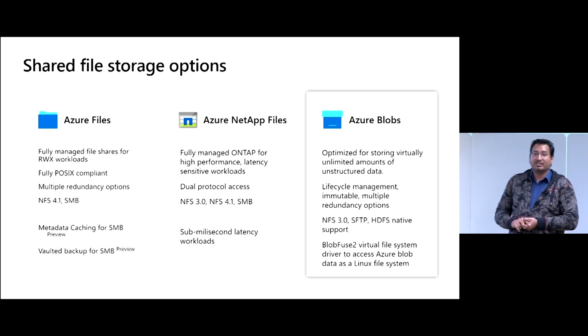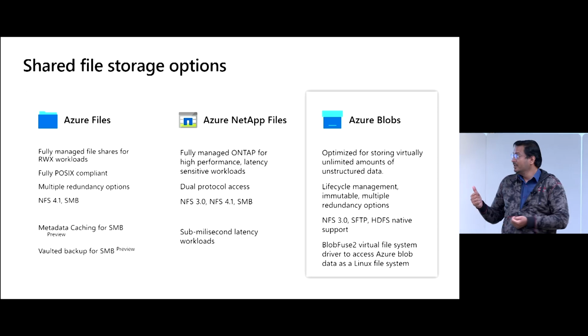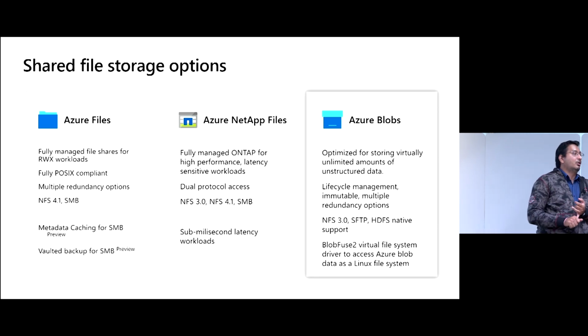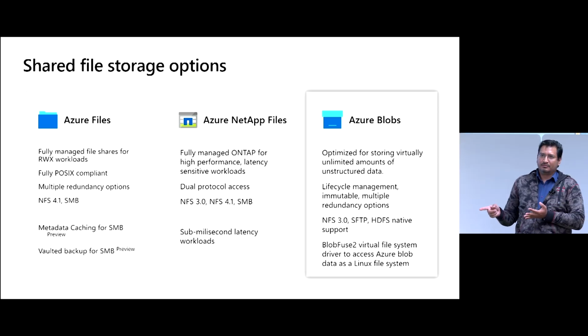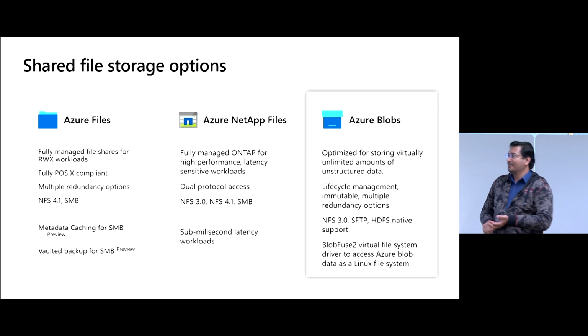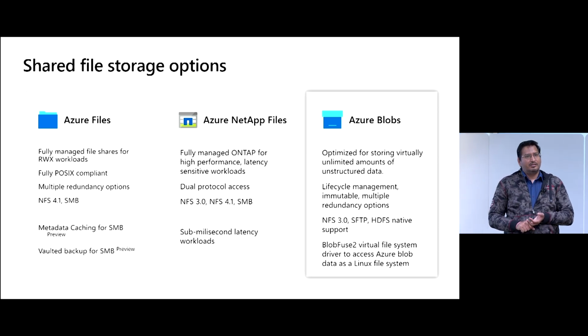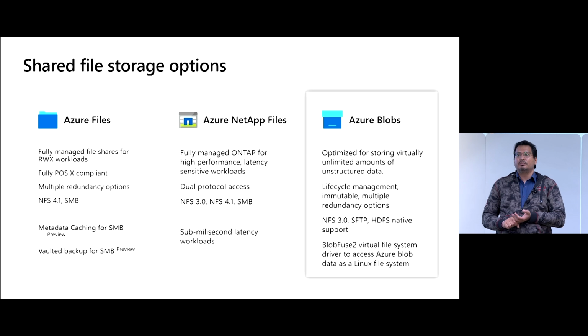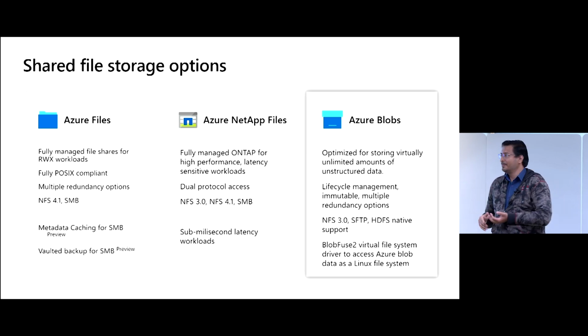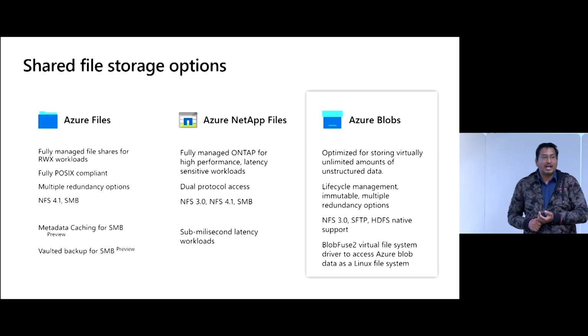It's 100% POSIX compliant, so if you're running a Linux-based workload, it's perfect. It gives you redundancy options from LRS and ZRS, and if you provision standard file shares, GRS. If you provision premium, which is required for NFS, at the moment we are limited to LRS and ZRS.